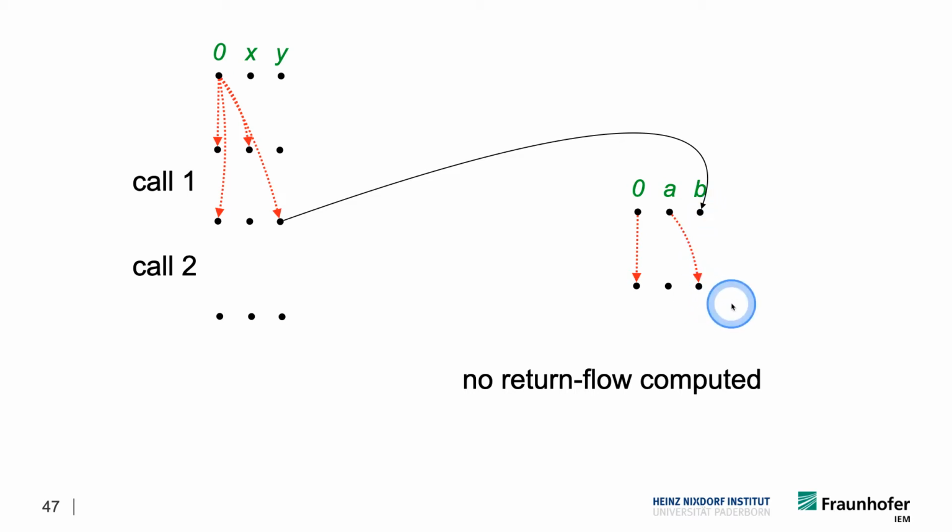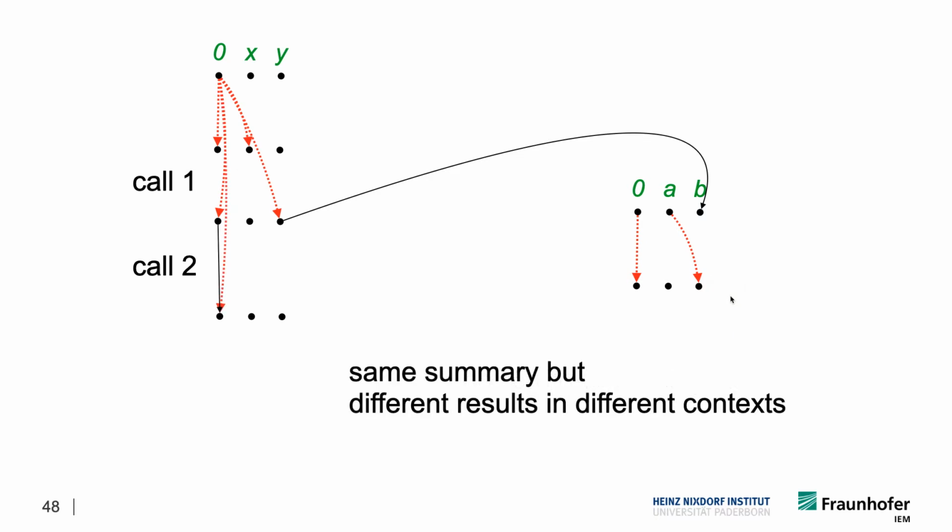So what you will see here is that we have the same summary as before, right? The summary I did not update. It's the same you saw for the first call site, but it has a very different effect.